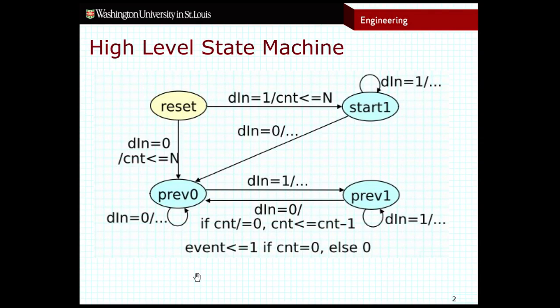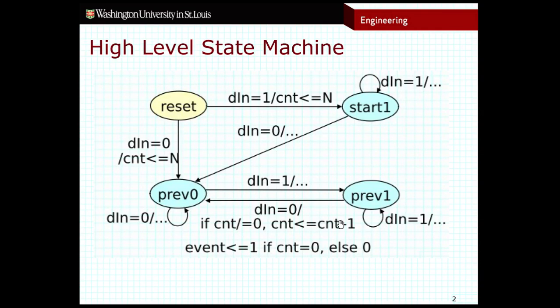So what is this circuit actually doing? Well, we start in the reset state. We read in some value n. N is actually an input from the outside world. We read in some value n, and we set our counter to be that value. And then we start counting. If dn goes up and then goes back down, that counts as one thing that has happened.